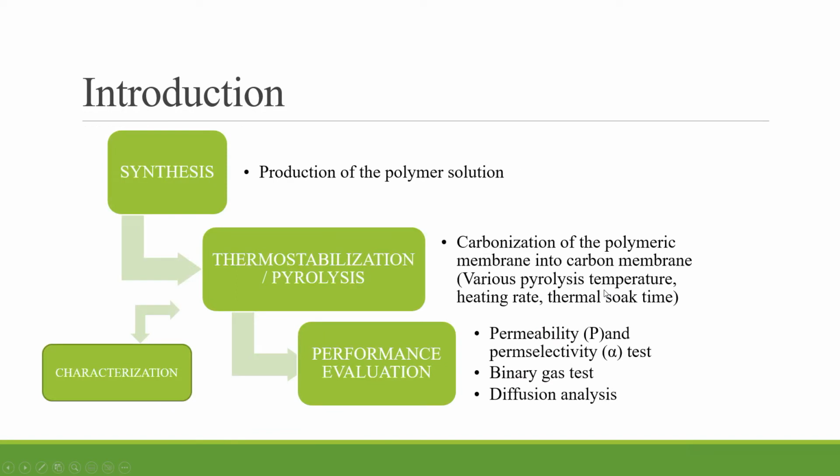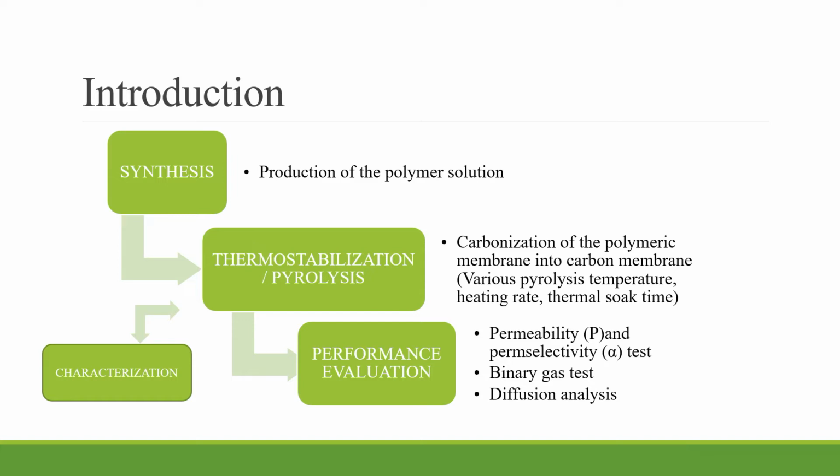Okay, so in this slide, I'm going to review the formulations currently used in the literature in the field of carbon membrane. In any study of carbon membrane, there are basically three steps.